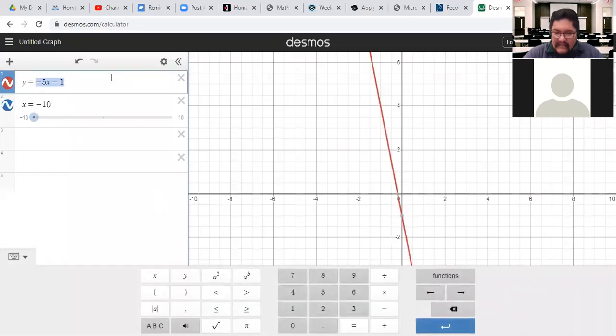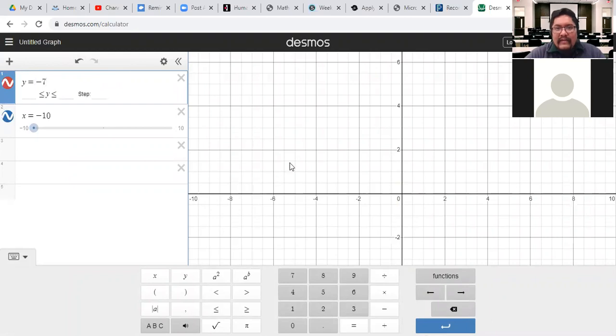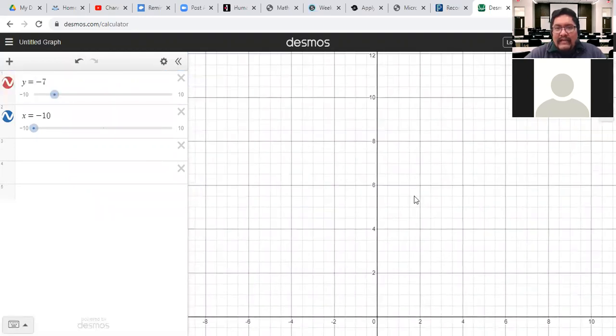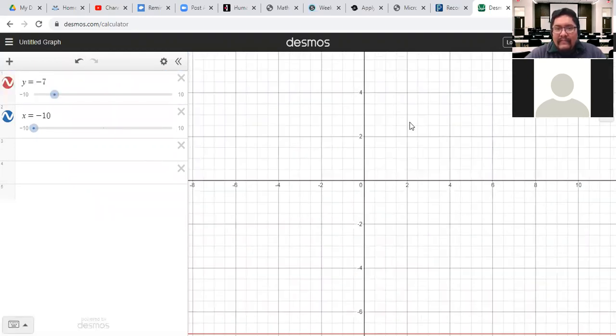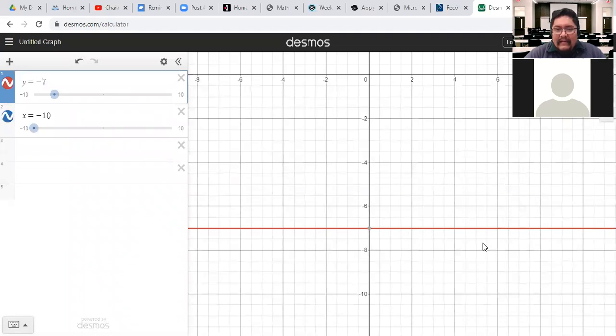So like you can easily see, moving to our next one, we have y equals -7. Now, changing the window on this is pretty easy because you can just grab the screen and move up or down. And now I can see that my function is down here, the red line. Now remember, I can only pick areas on the line.